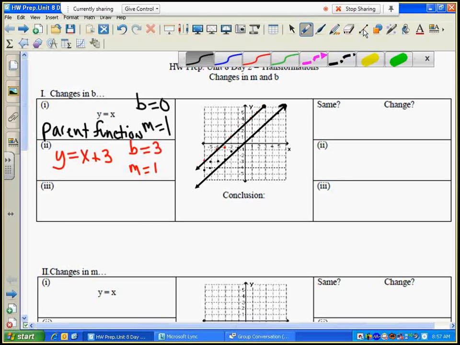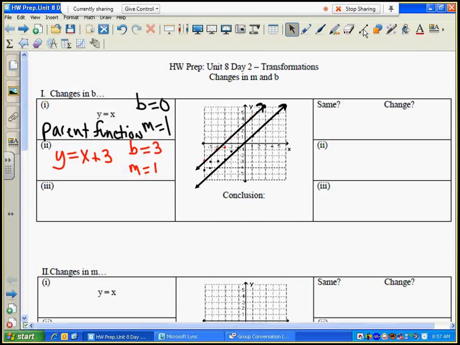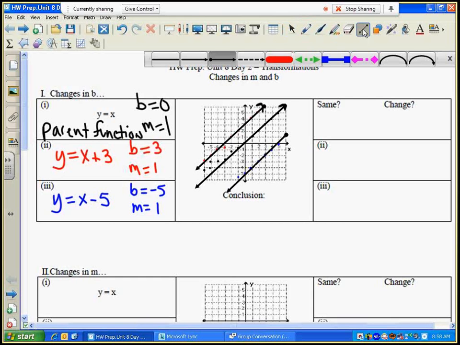Okay. Now let's do another one. Let's say we have y equals x minus 5. So here our b will be negative 5, and our m will be 1. Okay, so we'll start at negative 5 and go from there. Okay, and there we go.